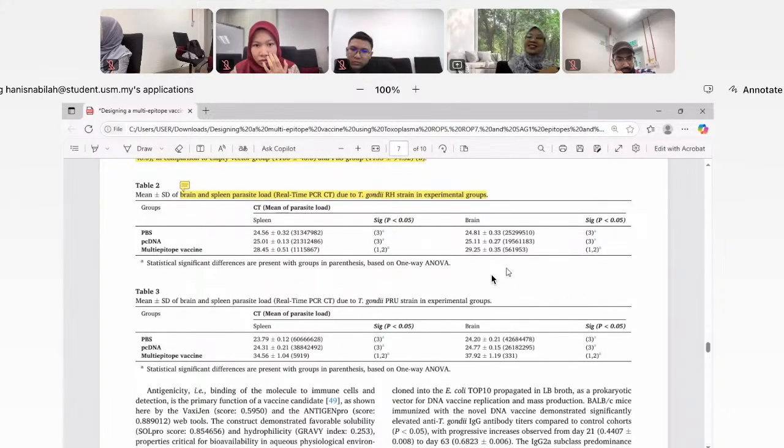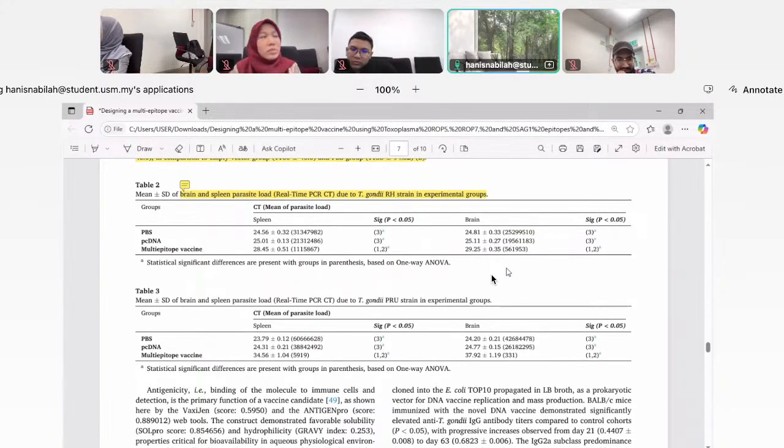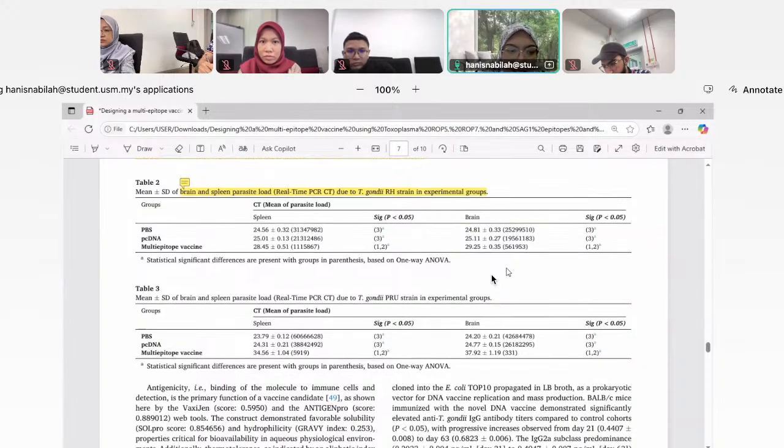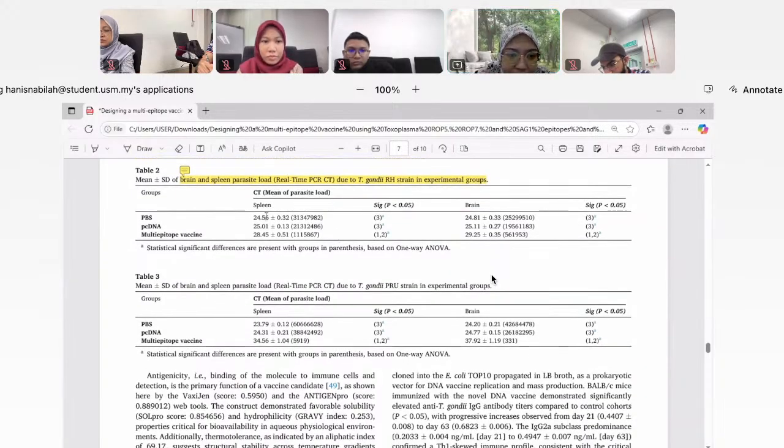Okay, this is real-time PCR. They want to check, after they introduce the mice to the vaccine and then challenge with the parasite, the toxoplasma burden, the quantity of toxoplasma itself in the cells.